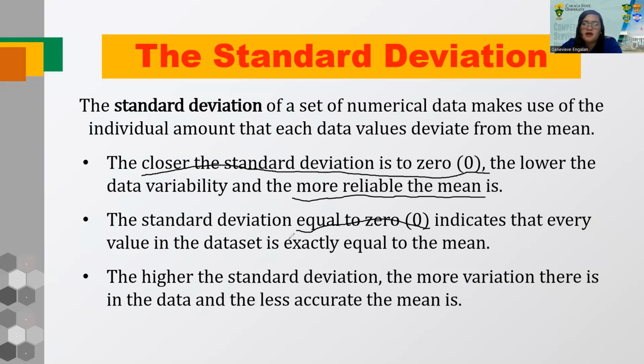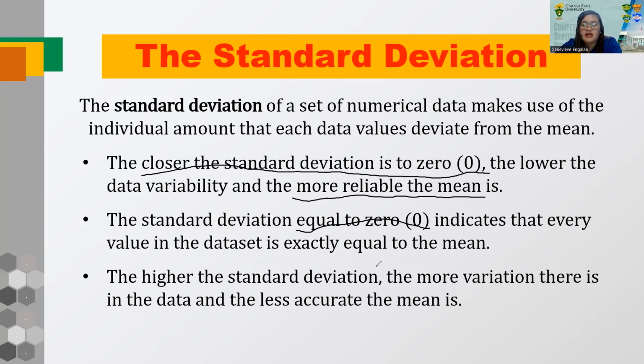I-add nato ang upat divided by 4. So mahimo siyang 360 divided by 4. So, ang mean nato is 90, no? So, pag pareha tanan ang value, so ang iyang standard deviation is 0.